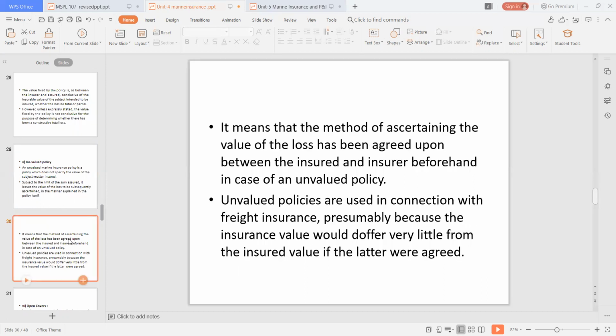It means that the method of ascertaining the value of the loss has been agreed upon between the insured and the insurer beforehand in the case of the unvalued policy. Unvalued policies are used in connection with freight insurance, presumably because the insurable value would differ very little from the insured value if they were later agreed.